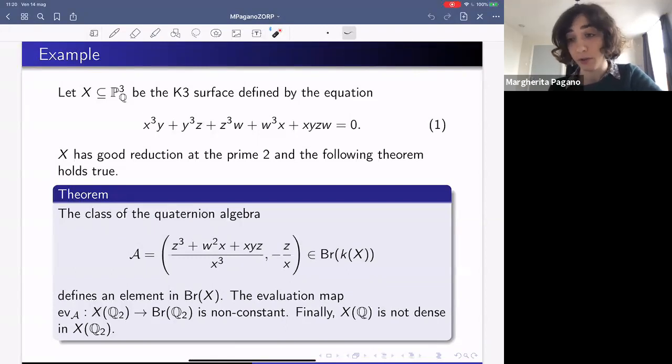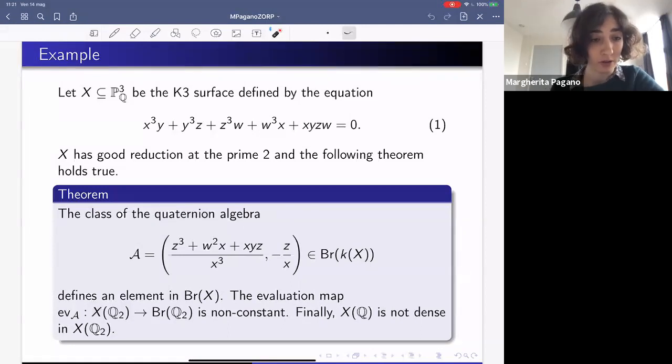So this is a K3 surface. And one can show that this has good reduction at the prime 2. Let me just stress that here, it really means that if you look at this polynomial equation modulo 2, then it defines a smooth variety over the projective space over F2.